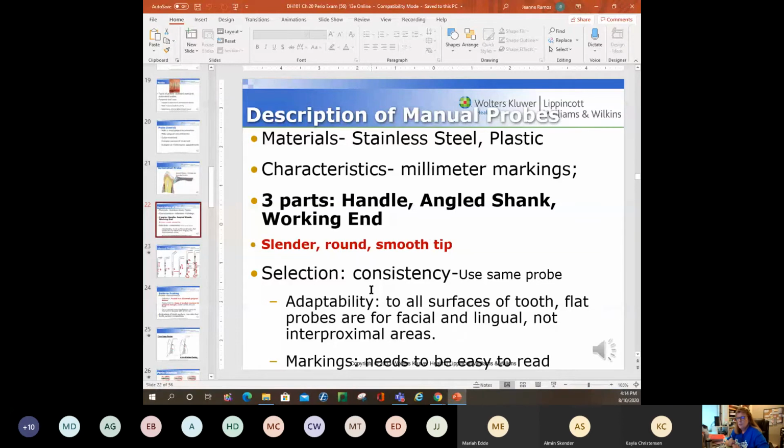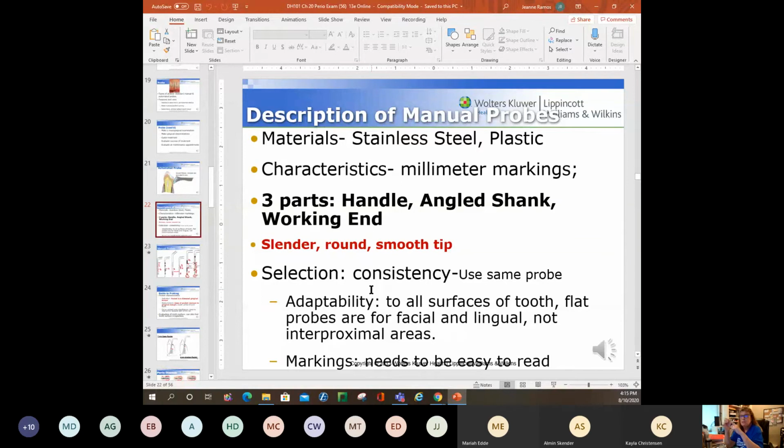It adapts to all the surfaces. Oh, that's what I was going to say, use the same probe. The point is that let's say you have a patient that comes in and you probe their mouth. I don't care if they come back in 1 month from an SRP or if they come back for a 6-month appointment because they're healthy, the next time you use the same probe, they're supposed to be marked exactly the same.